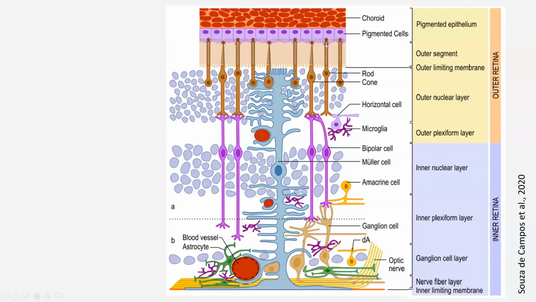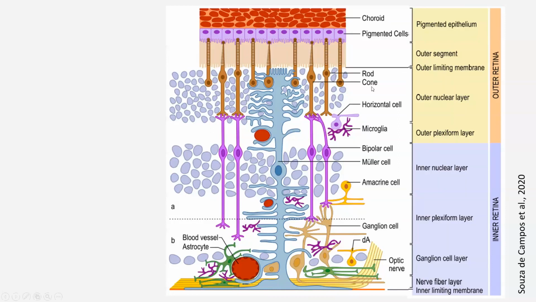Now, the photoreceptors are found in the outer nuclear layer. Their cell bodies, their nuclei, are found in the outer nuclear layer. The photoreceptors are the ones colored in brown, the rods and the cones.